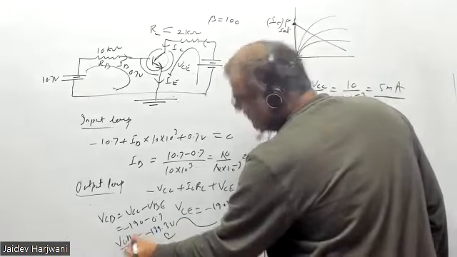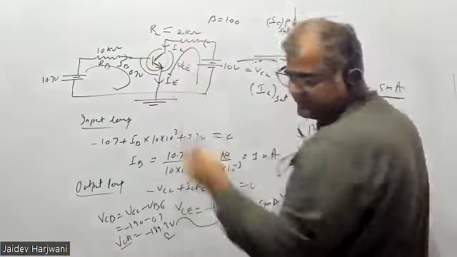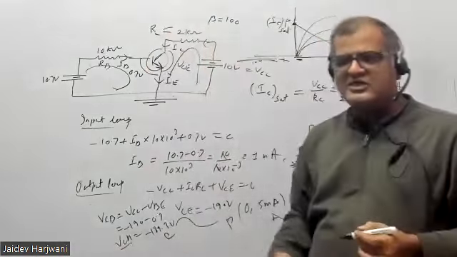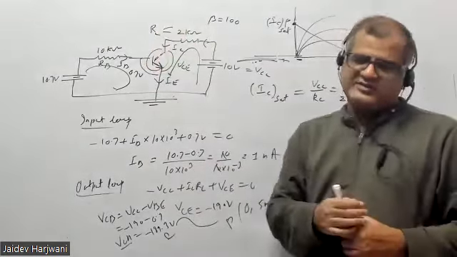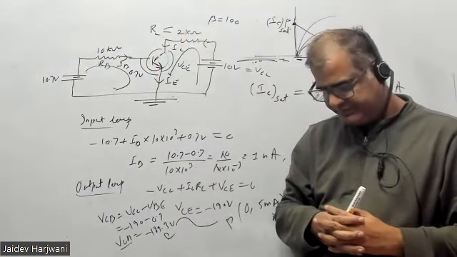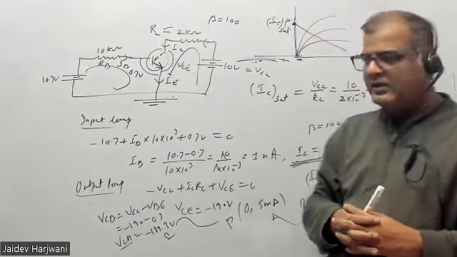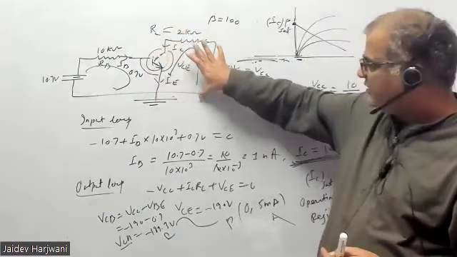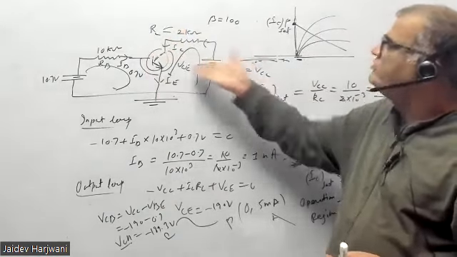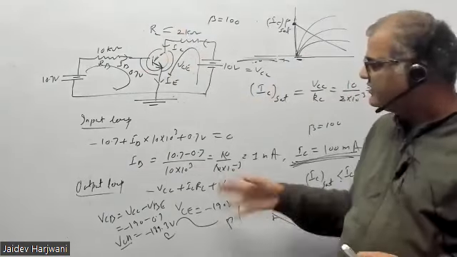VCB becomes negative, so this junction becomes forward biased, and forward bias is the saturation region. This way you can also check. Basically you have to check these two junctions for forward bias. But because we are applying 10 volts, VC cannot come to this minus 190.